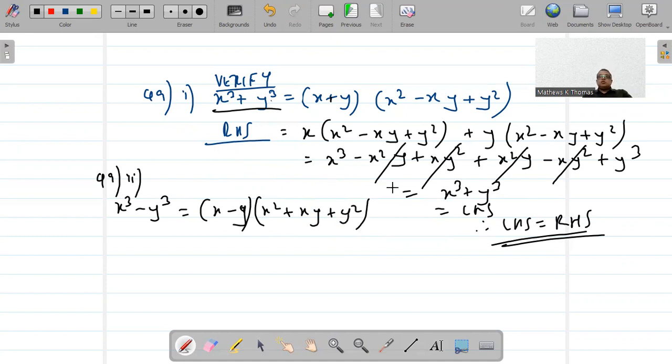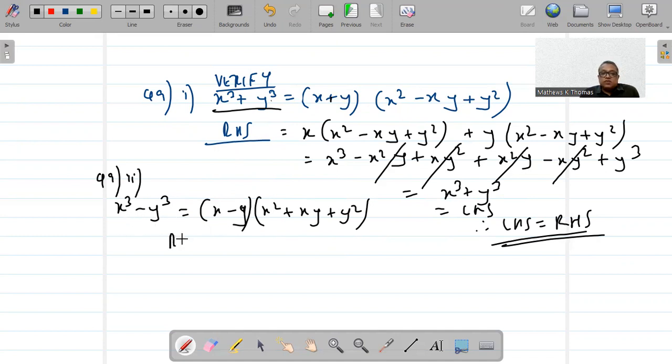So if you compare the two, the difference is in the signs. The terms are same. Here, x cube plus y cube, you are having x plus y, and there's a negative here. And here, x cube minus y cube, there's a negative here, and there is a plus here. The rest of the terms, x square, y square, are positive in both. Okay, so you need to learn up these two identities.